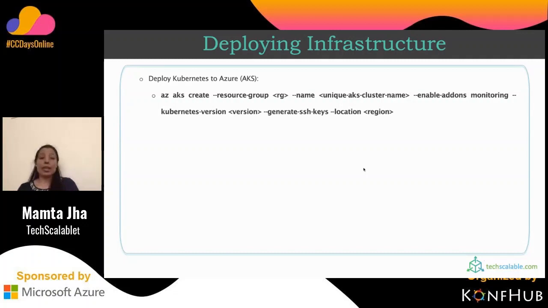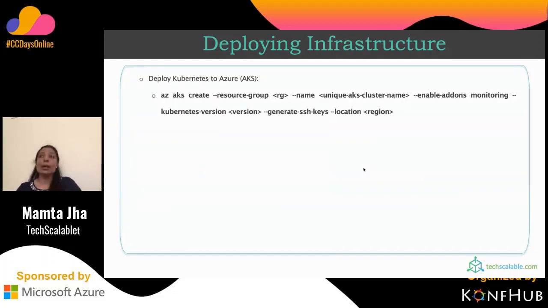To deploy an AKS cluster, you say AZ, which is for the Azure command line tool. AKS is the resource name and create is the action, the verb. You specify in which resource group you want to create this particular resource, what the name of the resource would be, and you enable some add-ons. You can have a dashboard, monitoring and billing, and a lot of other things.